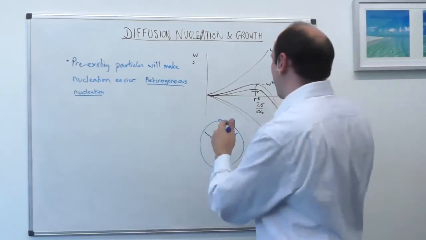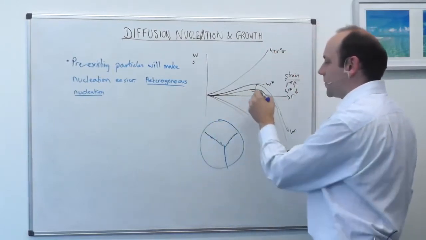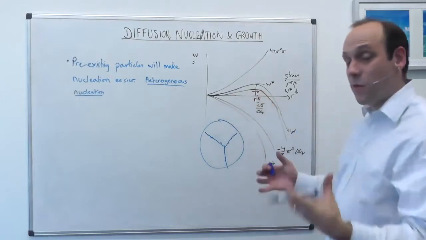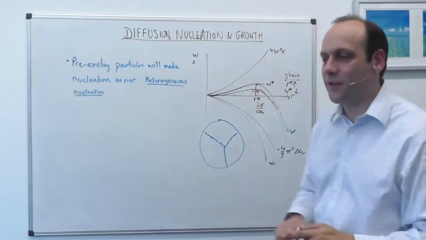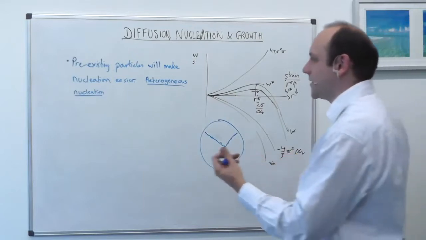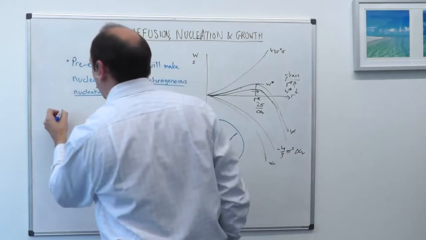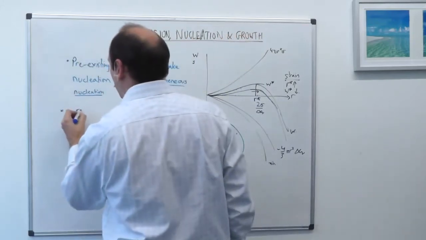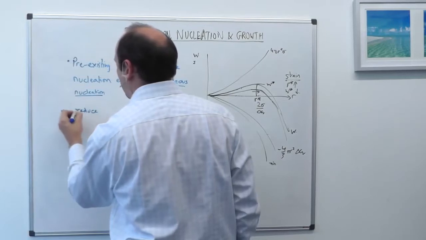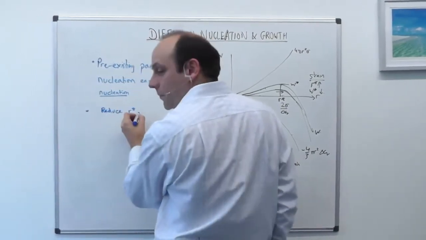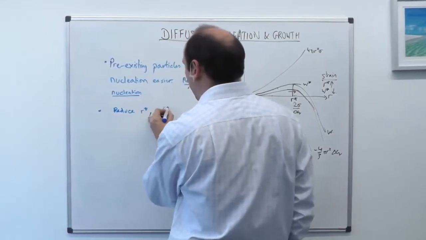And the effect of that is that those will come into play once R star declines to the point that it's smaller than the heterogeneous nucleation sites. So the other way to look at it is that it's an alternative way of thinking about the same thing, which is that there'll be a pre-existing volume, so they will act to reduce R star and W star.